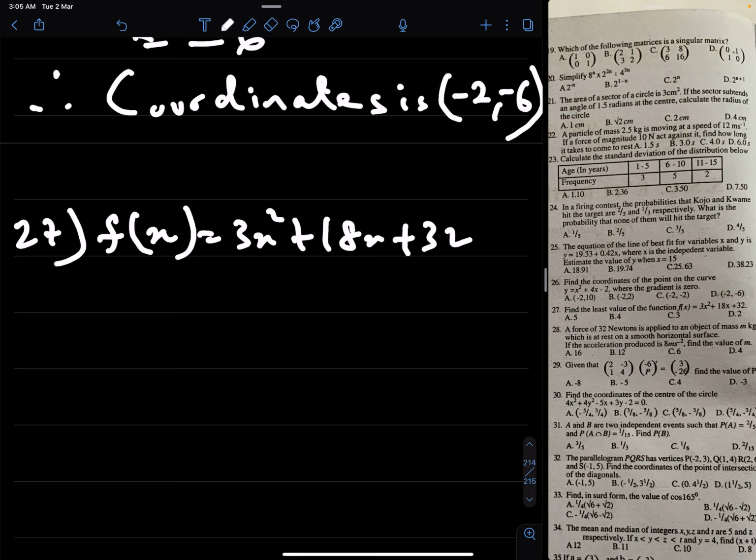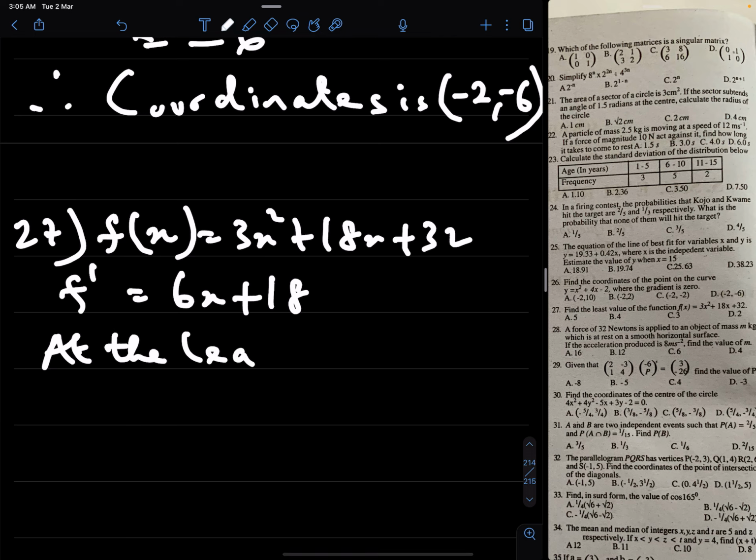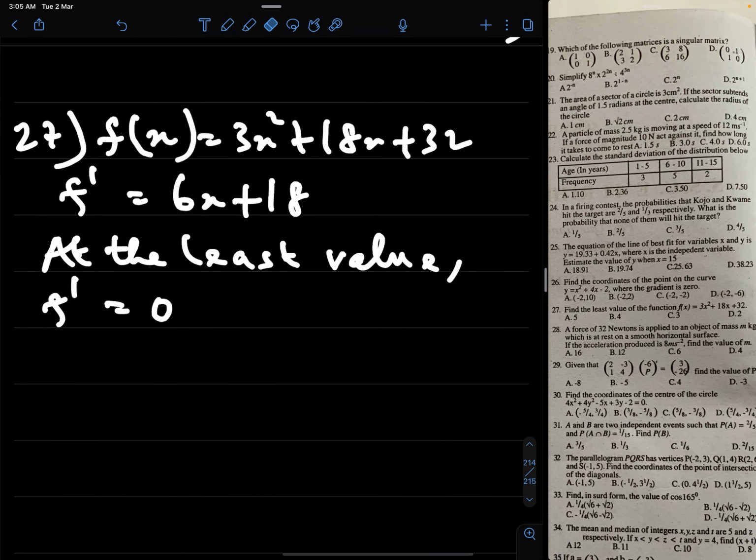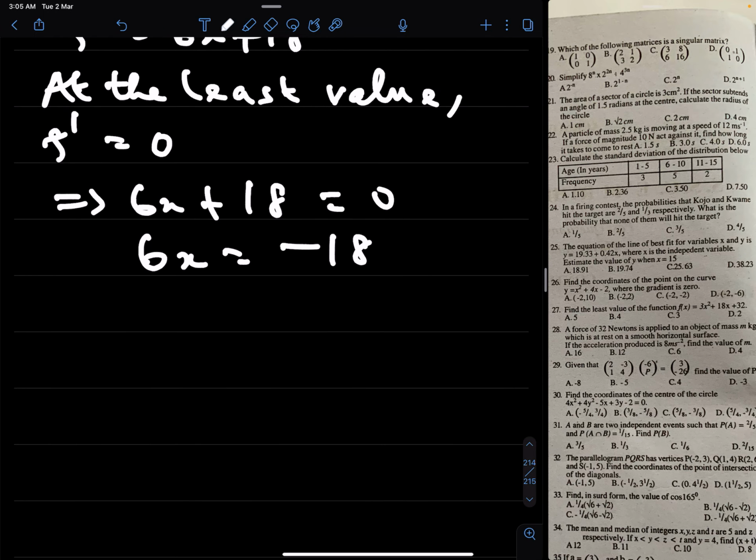So f prime of x is simply 6x plus 18. At the least value, f prime is equal to 0, and that means 6x plus 18 equals 0, which means 6x equals minus 18, and that simply means x equals minus 3.